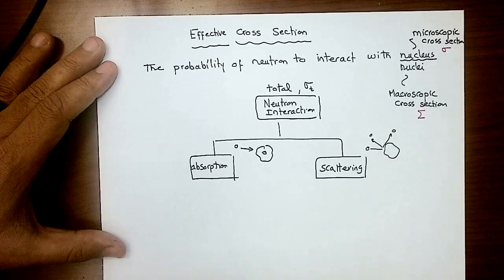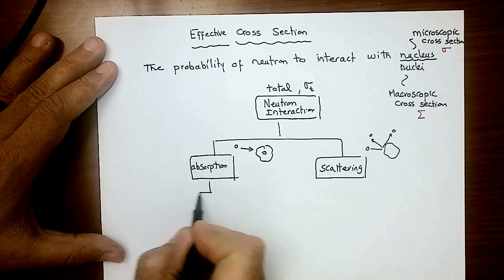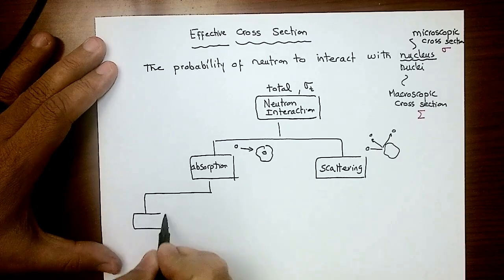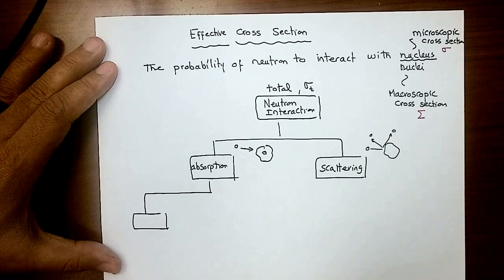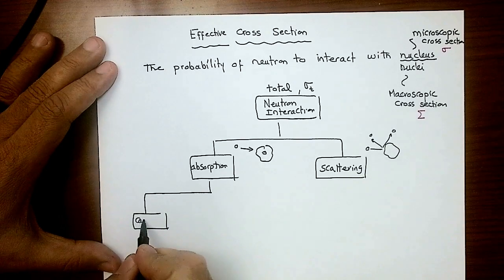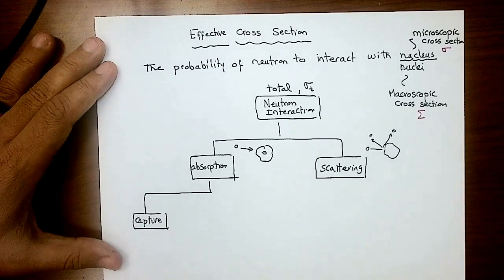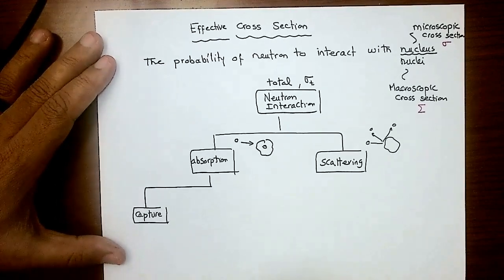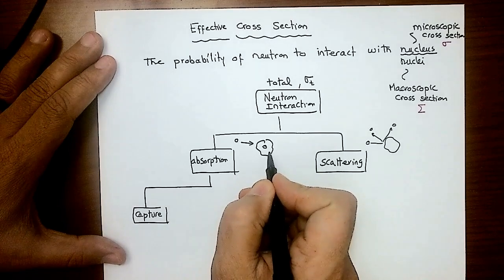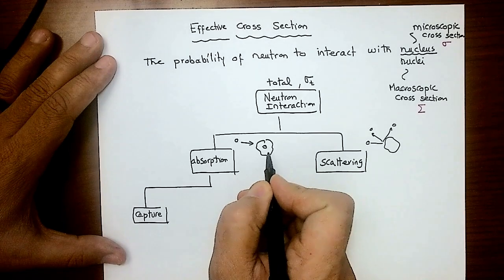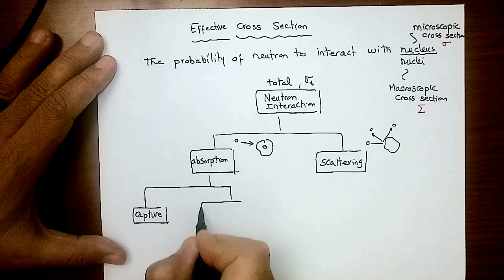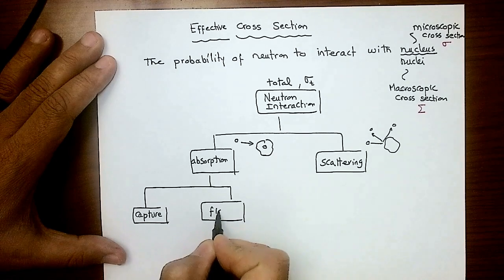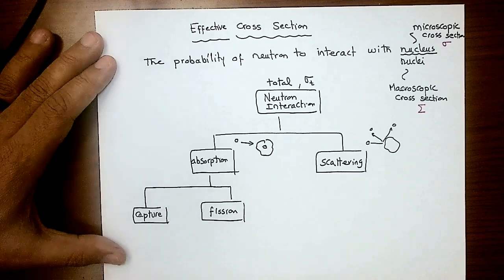When you do the absorption, you may have nothing happen. The neutron will be absorbed, but the nucleus stands still. It's not going to move, right? And what do we call that? Capture. The nucleus will capture the neutron without any change, as if nothing happened. The other chance is the nucleus will absorb that neutron and go into fission, and that's what we're looking for.